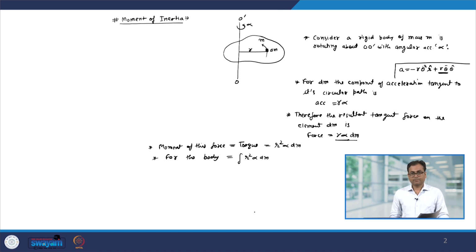Now, note that because it is a rigid body, every point on the rigid body is moving with the same angular acceleration alpha. Therefore, this alpha is independent of the integral and I can take it outside.